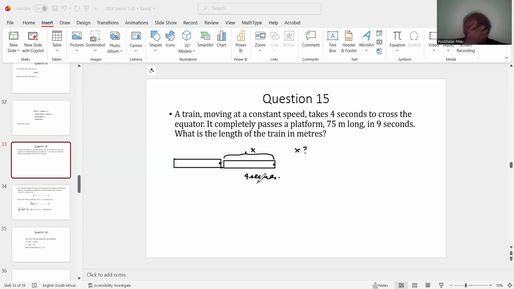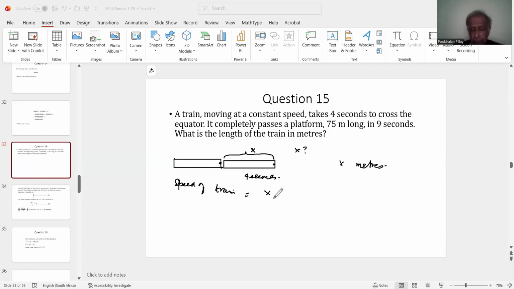That means the speed of the train is distance over time. We'll say x meters, because everything is in meters. So the speed of the train is x meters in 4 seconds.